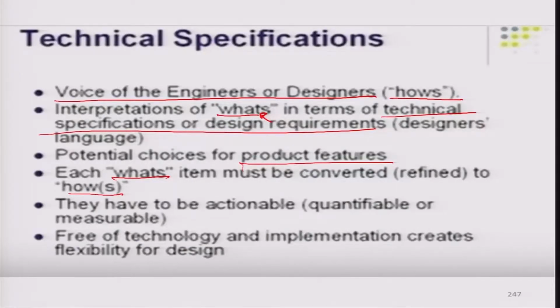They have to be actionable, quantifiable, measurable, and also the technical specification should give enough flexibility to the design, and it should be free of technology and implementation details, to create flexibility for design. Okay, so that's how technical specifications would be recorded.